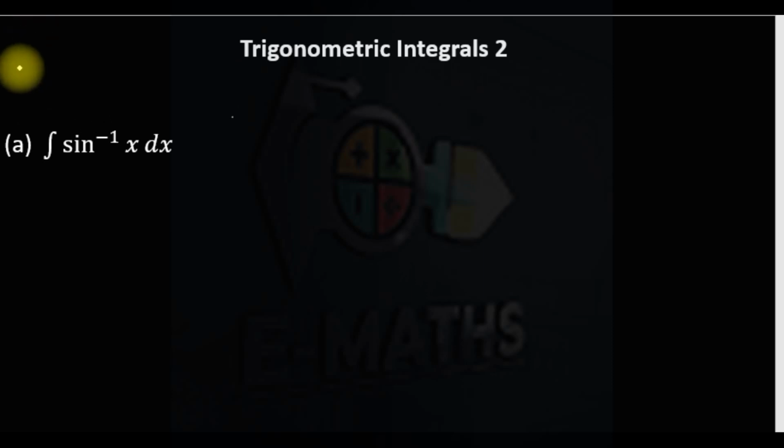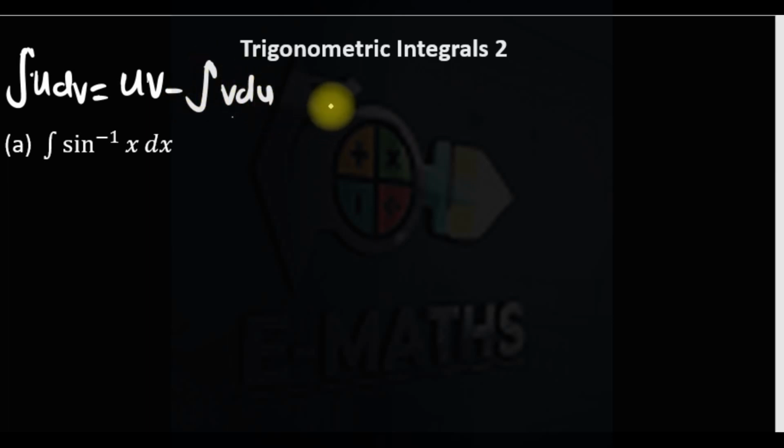And if you could remember, we have that the integral of u dv is always equal to uv minus the integral of v du. So the major problem here is which one is u and which one is dv.